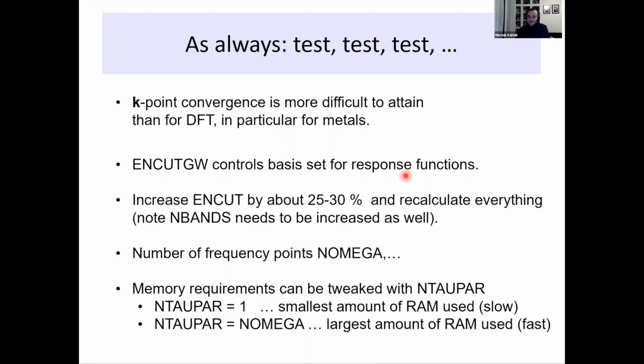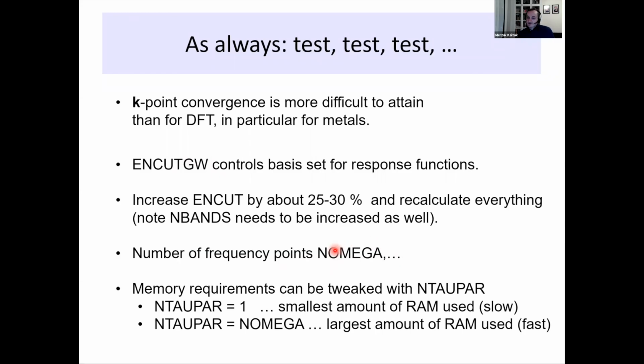That usually converges faster than the orbitals, which are set by ENCUT. However, I would say the default value is not that bad in most cases. And maybe you want to look into the number of frequency and imaginary time points with NOMEGA.